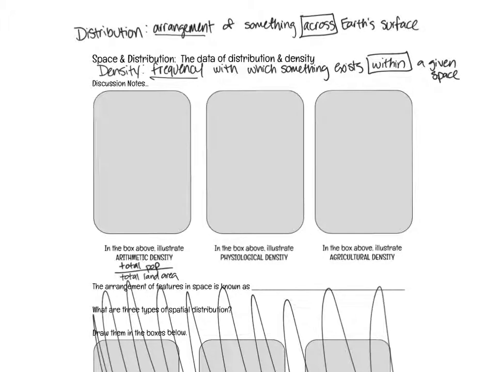All right, so our visual that we're going to draw is Egypt, okay? This is my Nile River. And if we're looking at arithmetic density, you're taking all the numbers of people and you're dividing it by the total land area, okay?